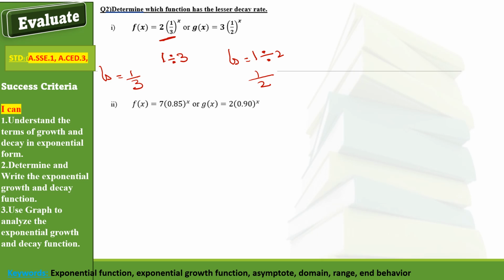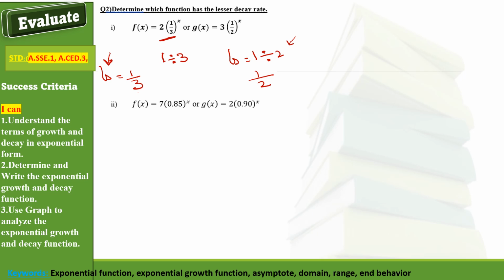Now look at this. Whatever value of x you write, in this case the value will be divided by 3. And whatever value you write in the other case, the value will be divided only by 2. So think logically: the value which will be divided by the half will have the lesser decay rate.